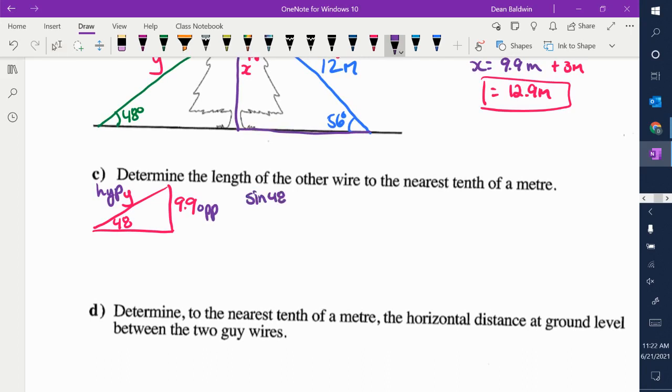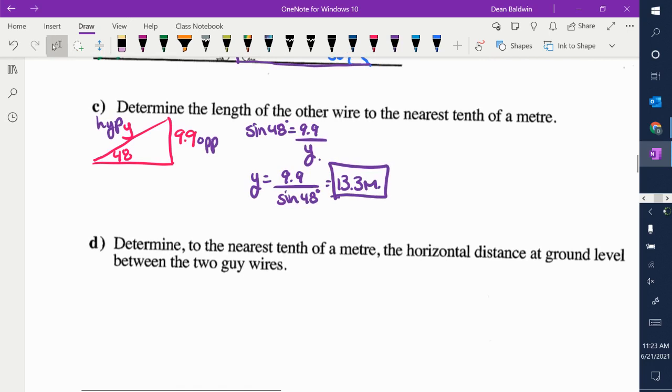So sine 48 equals the opposite over the hypotenuse, which is 13.3. Everybody agree with that?